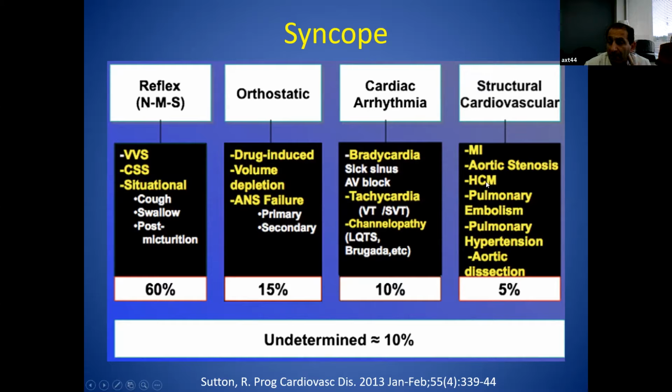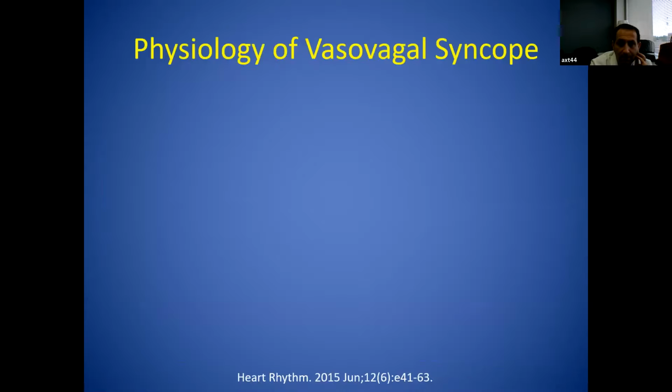You can have syncope in hypertrophic cardiomyopathy, in pulmonary embolism, in pulmonary hypertension, and obviously also in aortic dissection. These conditions make up about 5%. And then despite all that, we have about 10% of undetermined etiologies for syncope.